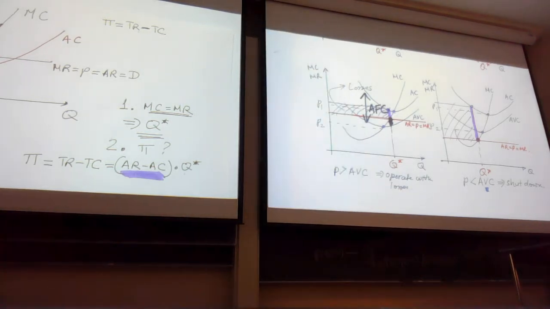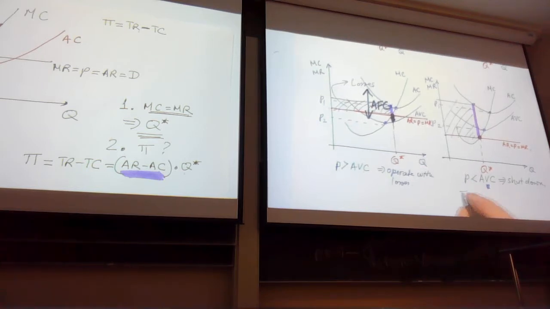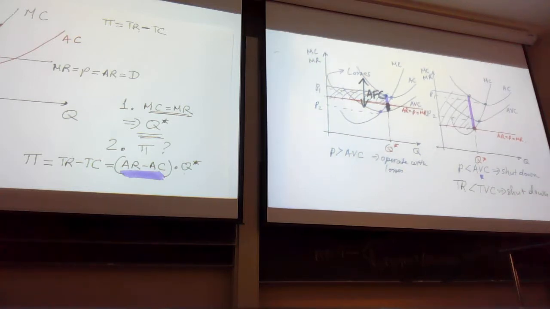Sometimes we look at this condition this way, other times we would just say multiply by Q both sides. So you would say that total revenue is smaller than total variable cost, then you do what? You shut down. So what's your shutdown price?